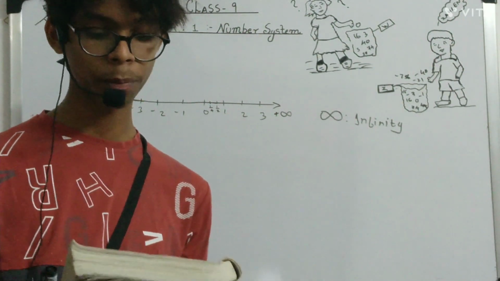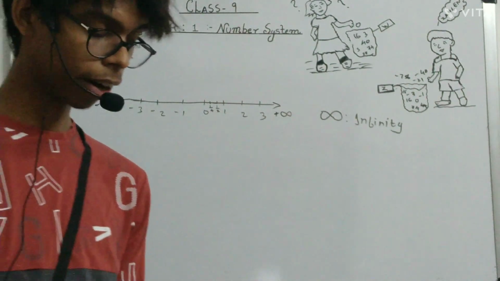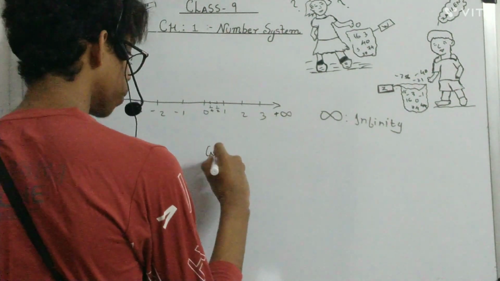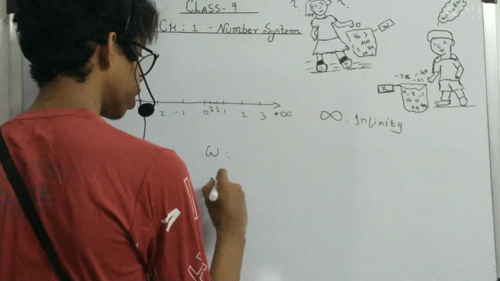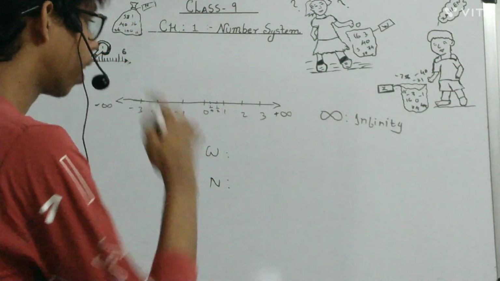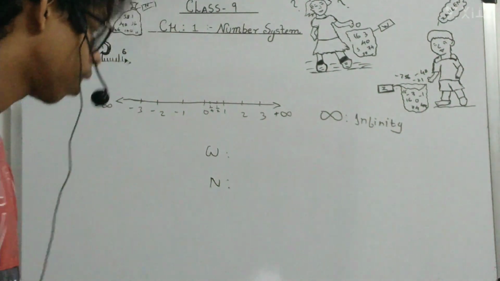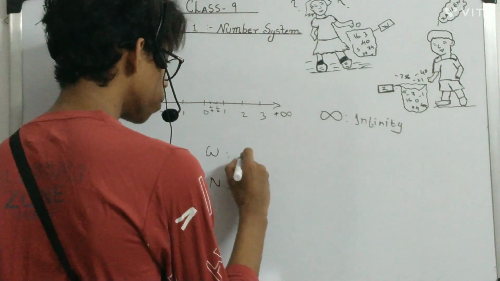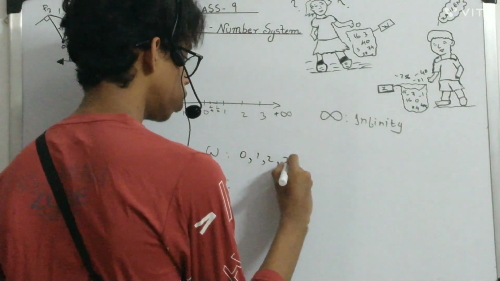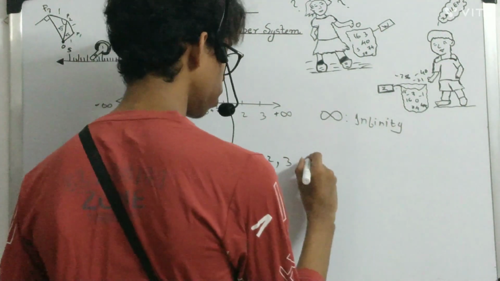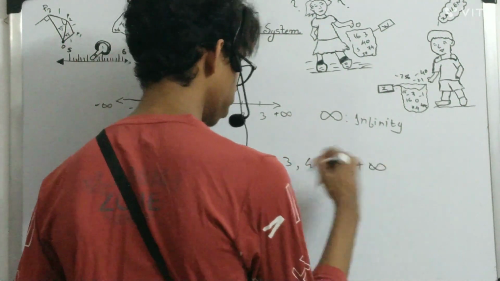Every whole number is a natural number. They are telling that every whole number is a natural number. Definitely it is a false statement. Why? Because we know whole numbers are 0, 1, 2, 3, 4, etc. up till positive infinity.